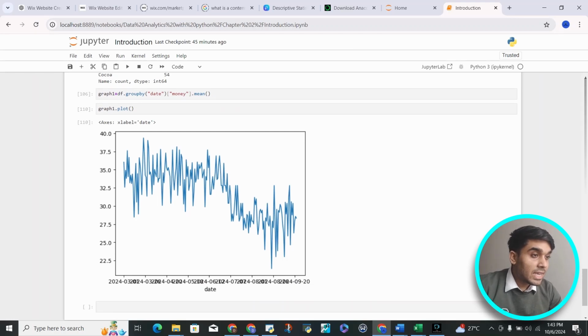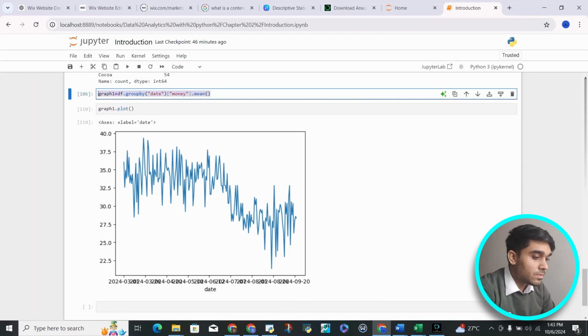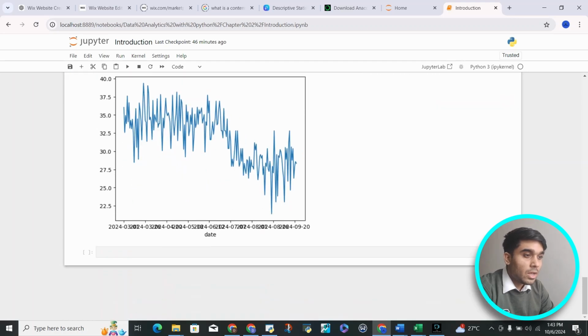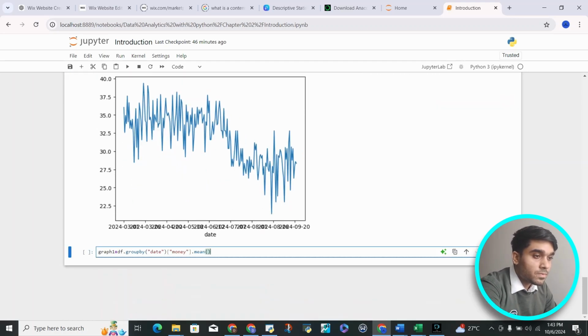Okay, the second thing that you might want to know is the sum. This is the mean, that is, on average the transaction amount has decreased, but what about the total transactions that we are getting? So let's say on one day you are having 100 transactions for $1. That will give you an average of $1 as transactions, but the revenue is 100.